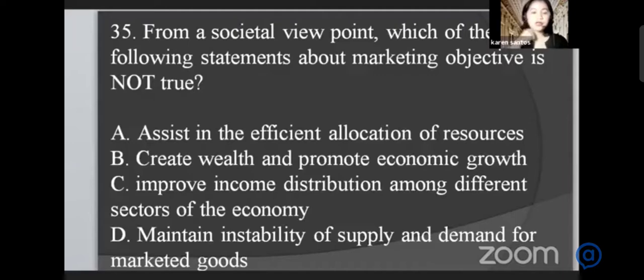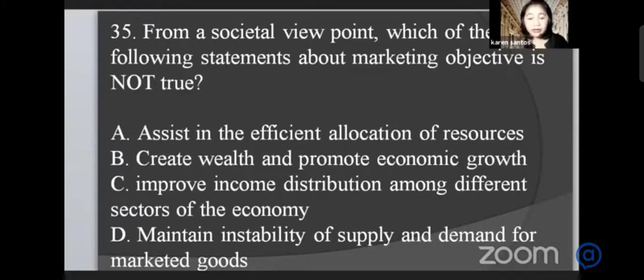Next question is number 35. From a societal viewpoint, which of the following statements about marketing objectives is not true? A. Assist in the efficient allocation of resources.